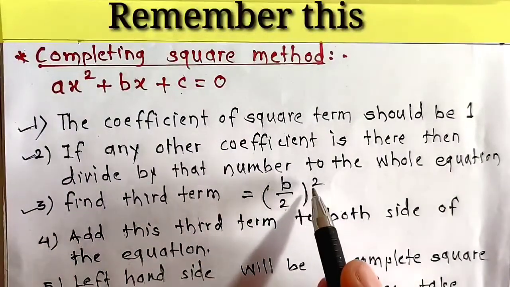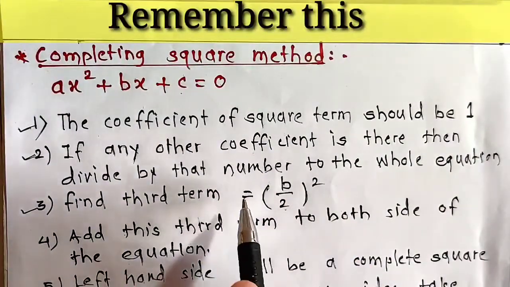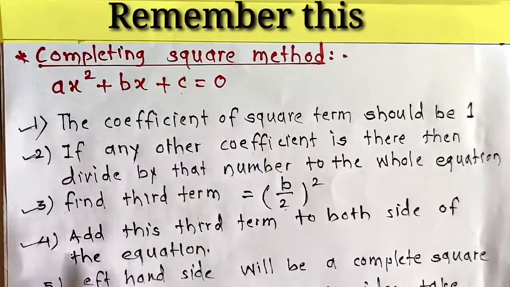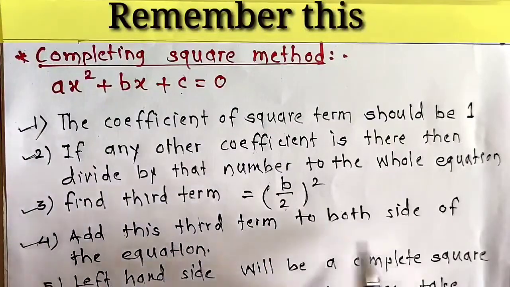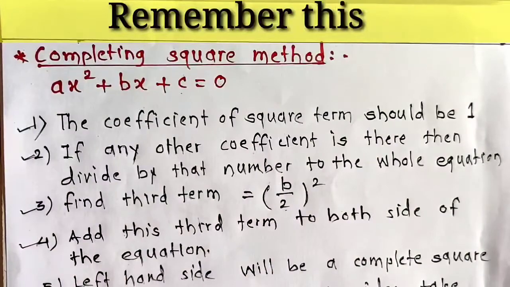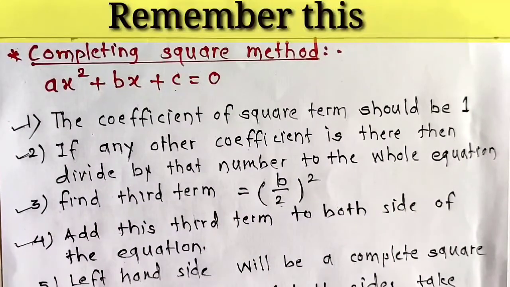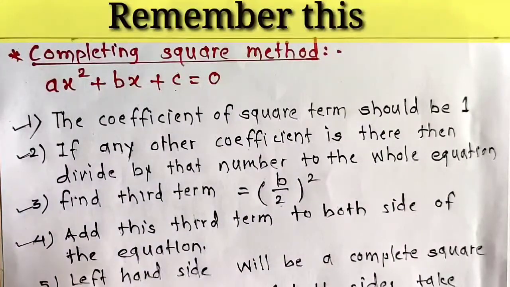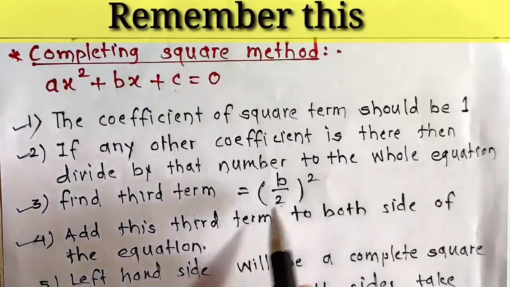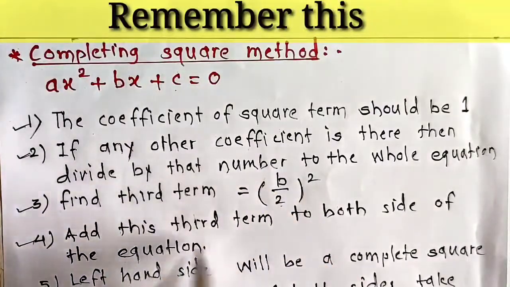So (b by 2) whole square gives us the third term. We have to add this third term to both sides of equation 1. The equation that we get after transferring the constant term to the right hand side is called equation number 1. Now add this third term to both sides of that equation.